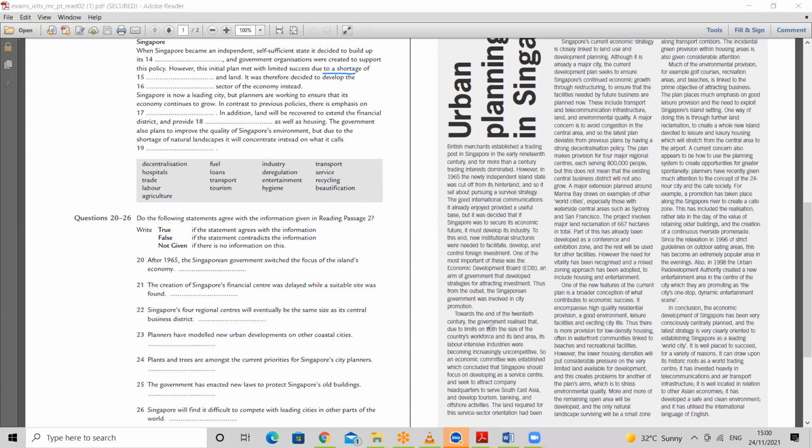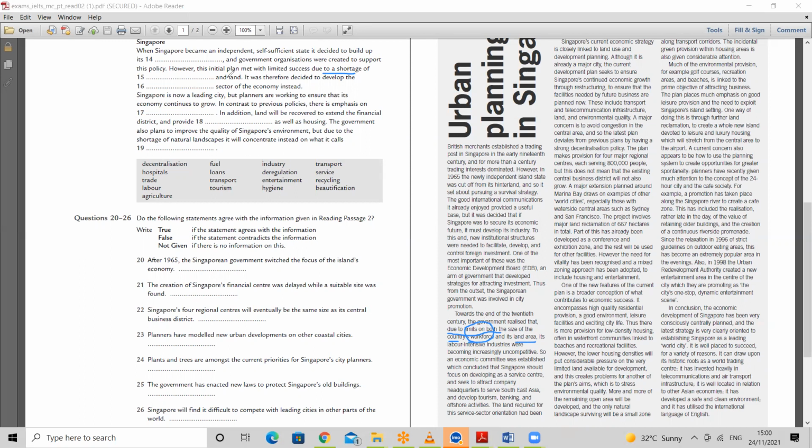Now, looking at the next paragraph, I can find the word land here, the land area. And then it says that due to limits on both the sides. So the limit on both, due to the limits, it refers to the shortage. There was a limit of something, a shortage of something. The both sides of the country's workforce and land.